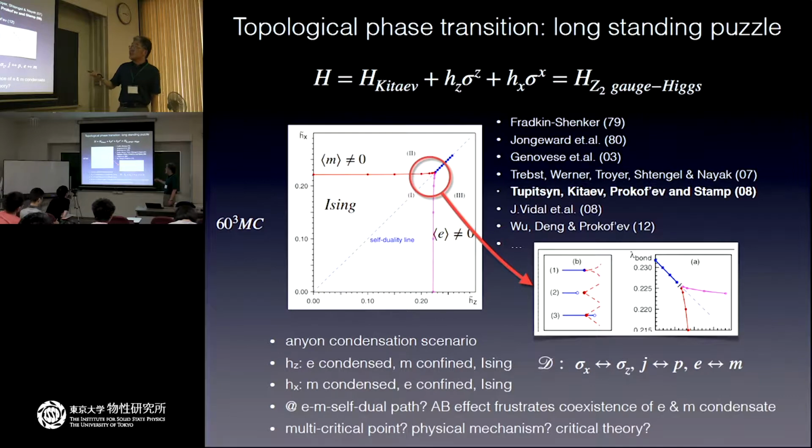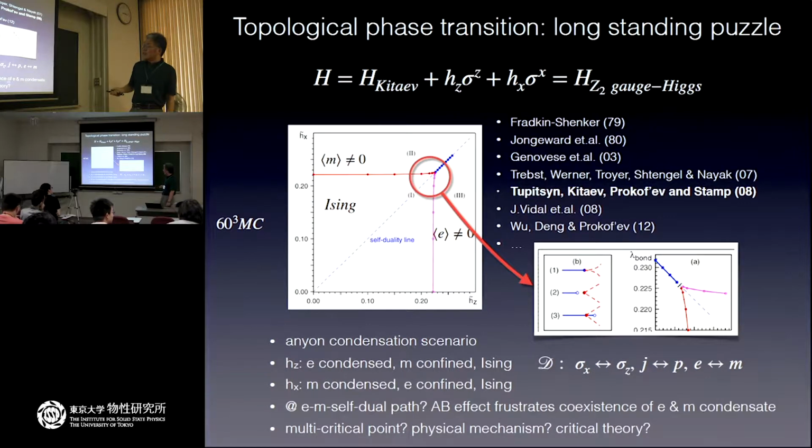So, although the numerical calculation has already used very intensive numerical resources, this Monte Carlo calculation on the 16Q lattice size is already quite large.